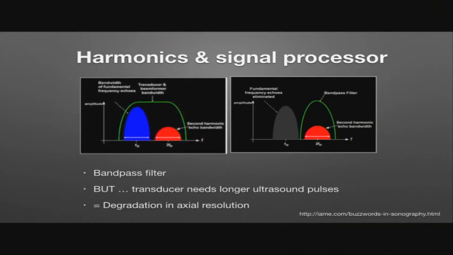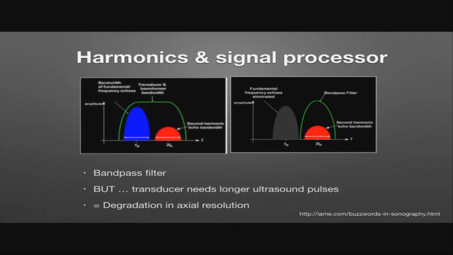So the usefulness of this is that if you've got the fundamental frequency and the second or third harmonics that are then being produced, the odd and even harmonics, what you can ask the ultrasound machine to do is to ignore the fundamental frequency and just concentrate on the harmonics.